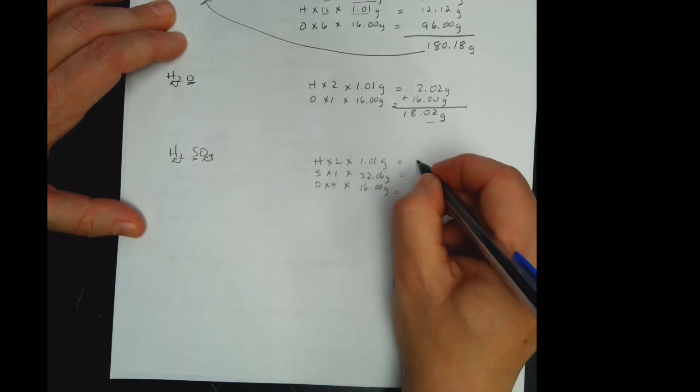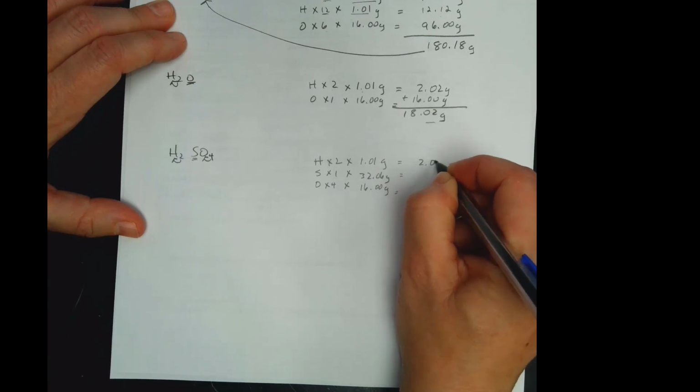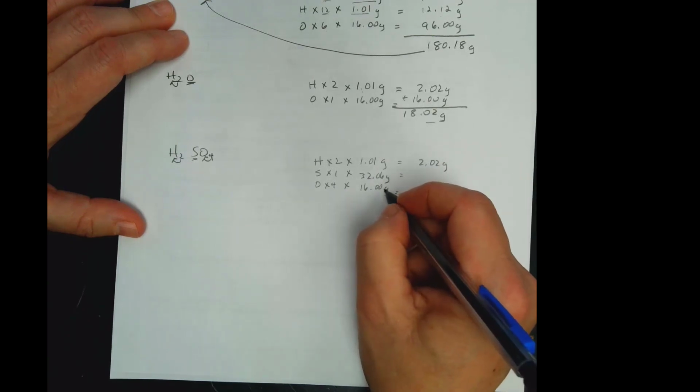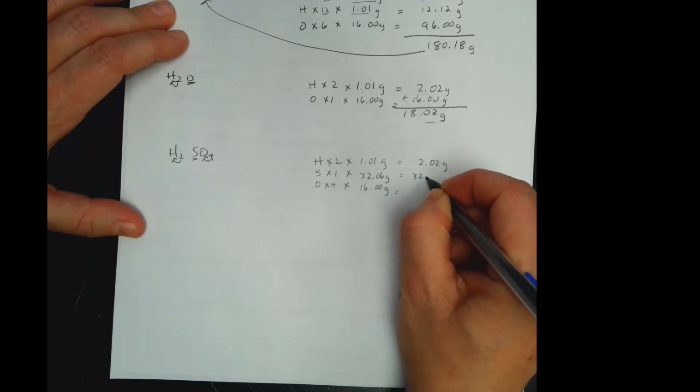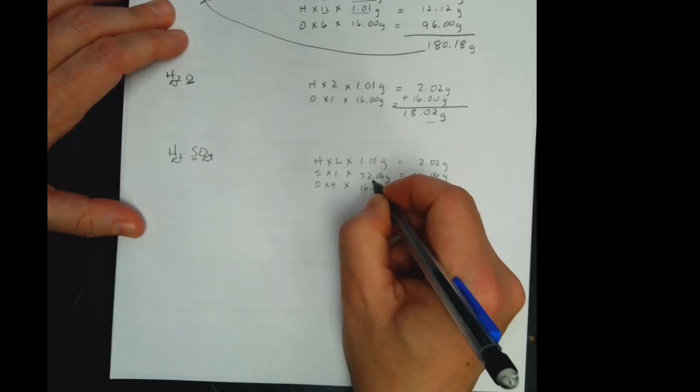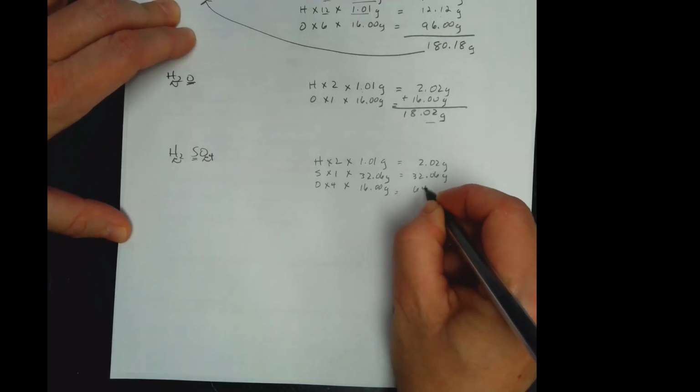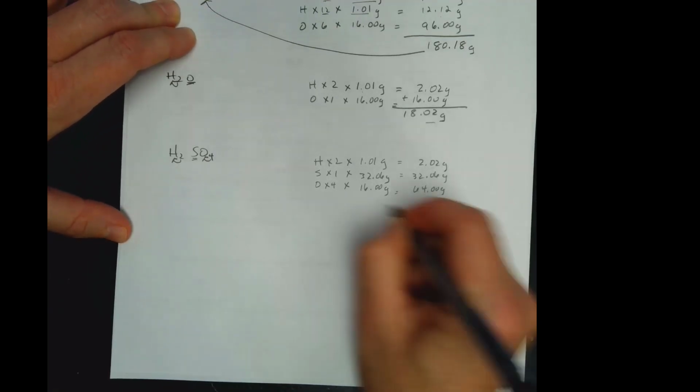So if we do the math on that, that's going to give us 2.02 grams of hydrogen. That's going to give us 32.06 grams of sulfur. And if we do the math on that, 16 times 4 is 64.00 grams of oxygen.